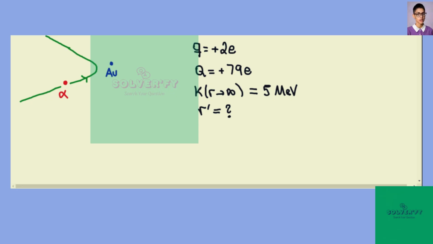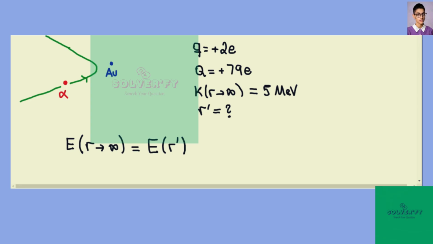And in order to do that, I'm going to apply conservation of energy. So I'm going to write the energy when r tends to infinity is equal to the energy in the distance of closest approach, r prime.